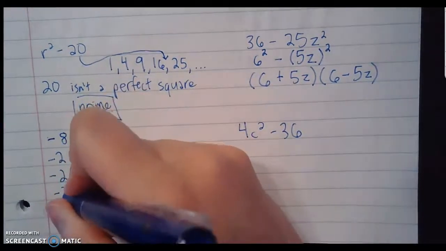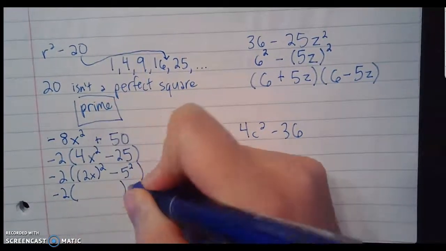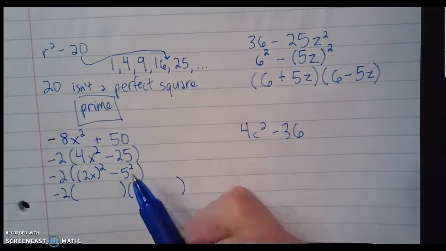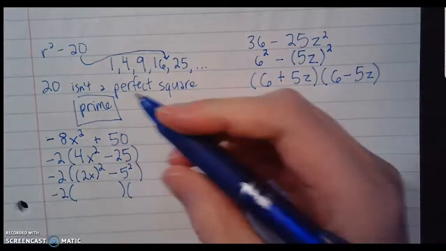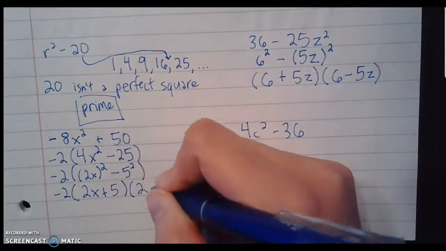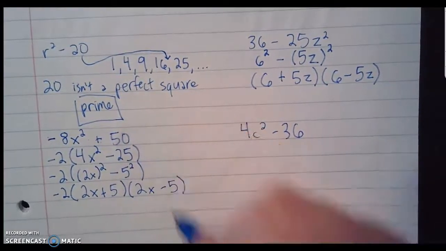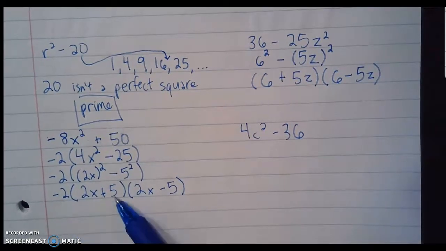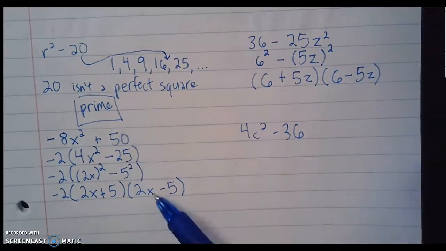Leave the negative 2 out front, that's your leading coefficient. And since I have the difference of two perfect squares, a squared minus b squared, that equals a plus b times a minus b. So my answer would be negative 2 times 2x plus 5 times 2x minus 5.